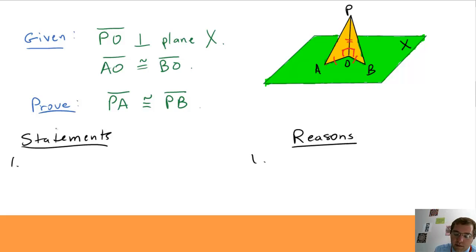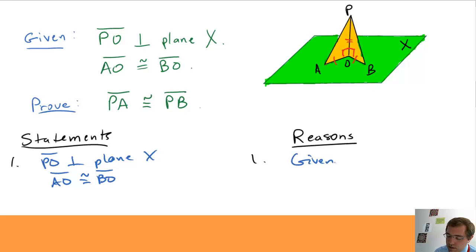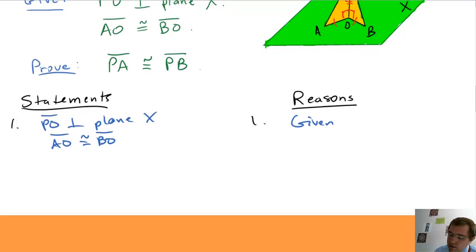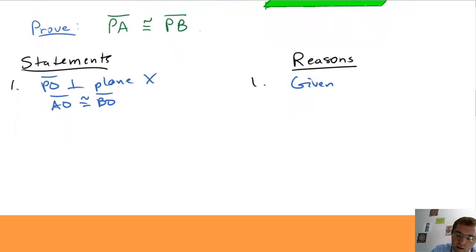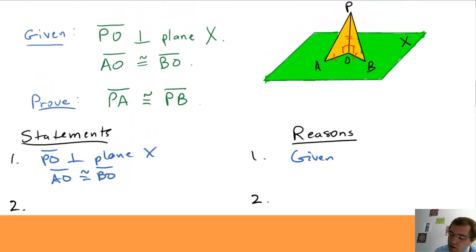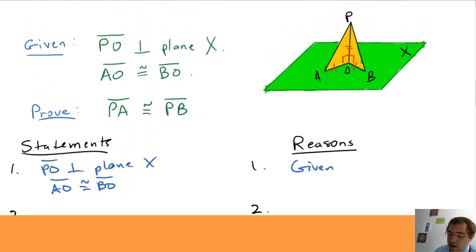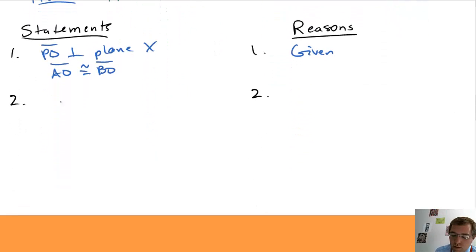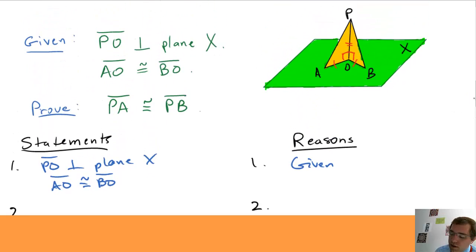We start with what we're given. PO is perpendicular to plane X. AO is congruent to BO, given. Number 2: since PO is perpendicular to plane X, that means angle POA is congruent to angle POB.